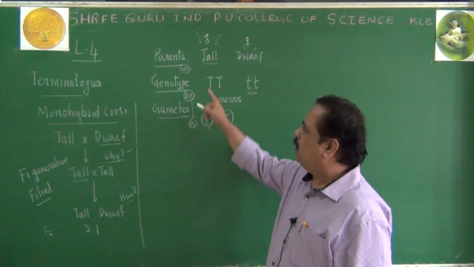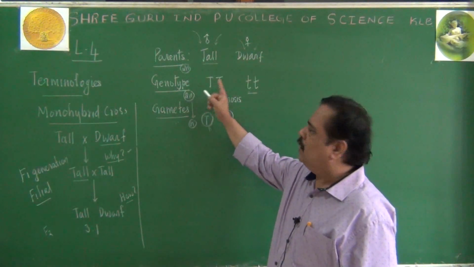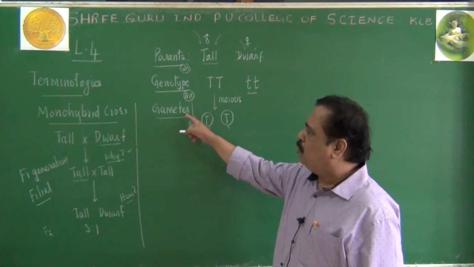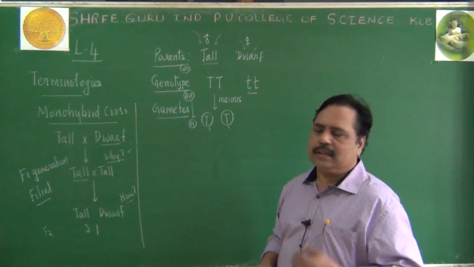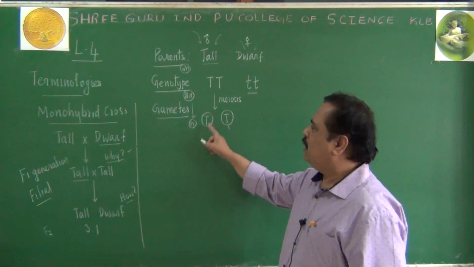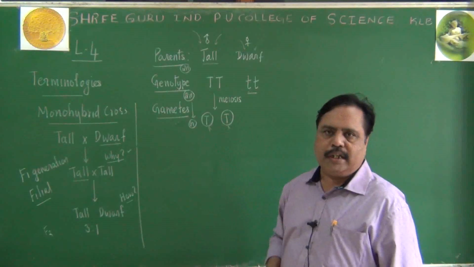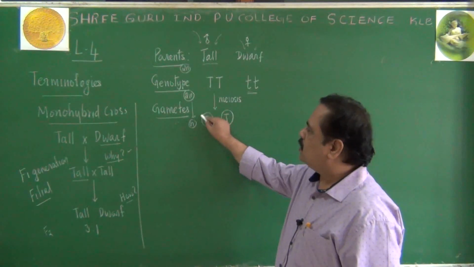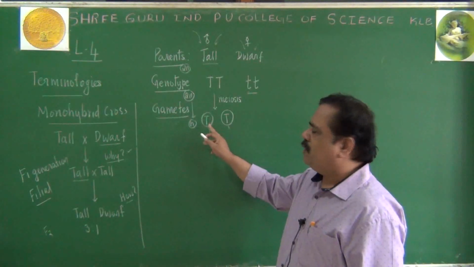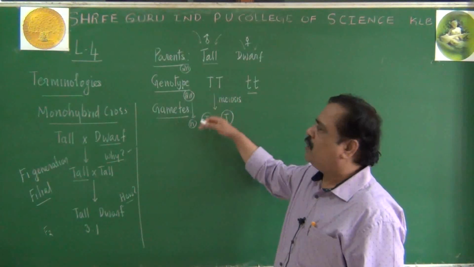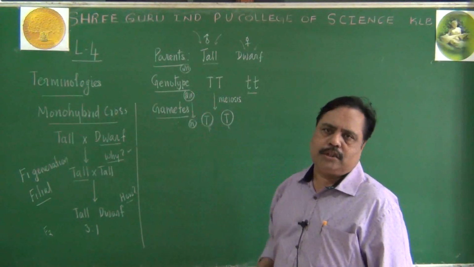They become haploid. Parents are diploid. After meiosis, during gamete formation, they will produce haploid gametes. For representing haploid, I am putting only one capital T here, and that capital T is usually circled. So gametes should be circled in order to differentiate them from the normal genotype.